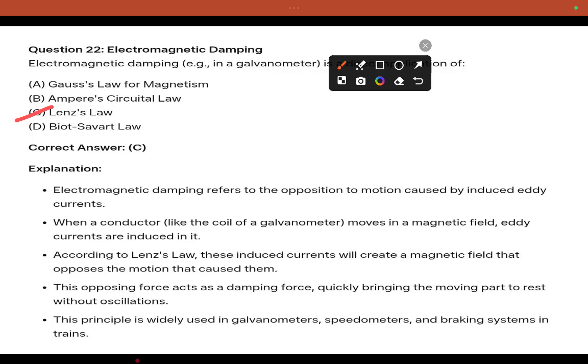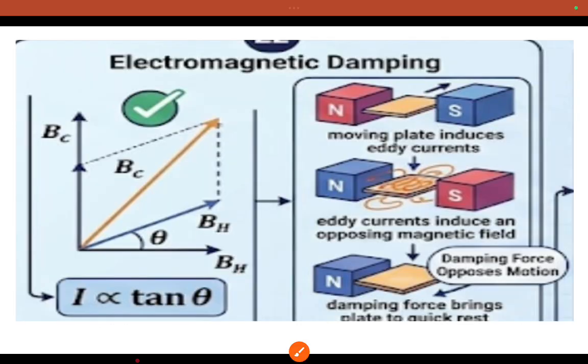According to Lenz's law, this induced current creates a magnetic field that opposes the motion that caused it. This opposing motion acts as a damping force, quickly bringing the moving part to rest without oscillation. This principle is widely used in galvanometers, speedometers, and braking systems in trains. That is about damping related to eddy currents. You can see I is proportional to tan theta.